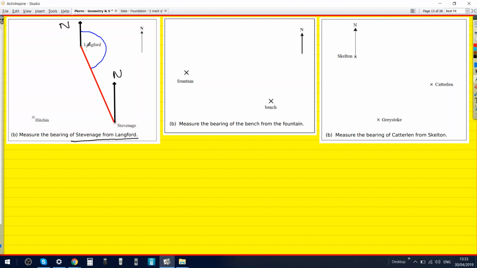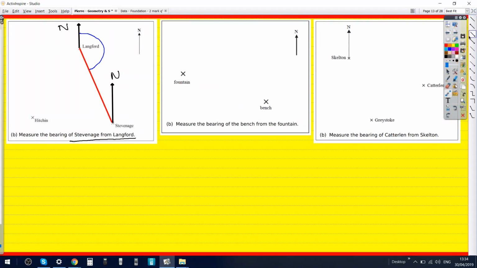Right. And so you measure that with your protractor. Put the cross on that cross. Put 0 at the top, and then just do it. Middle one. Okay. Bench from the fountain. So it's from the fountain. So you sort of draw a line up north from the fountain.